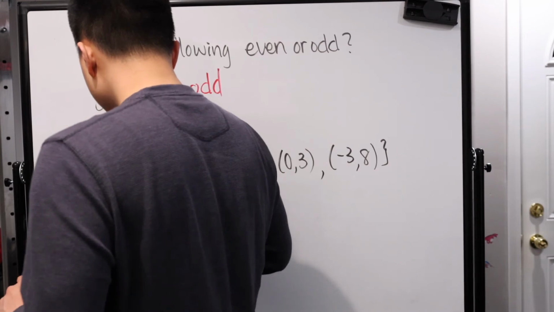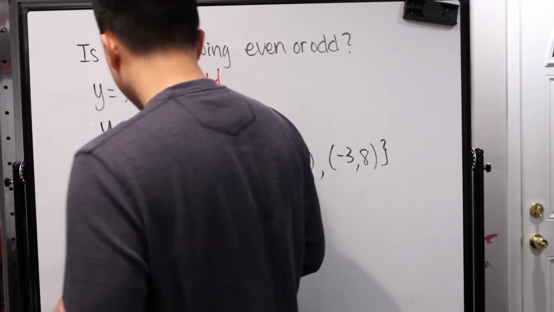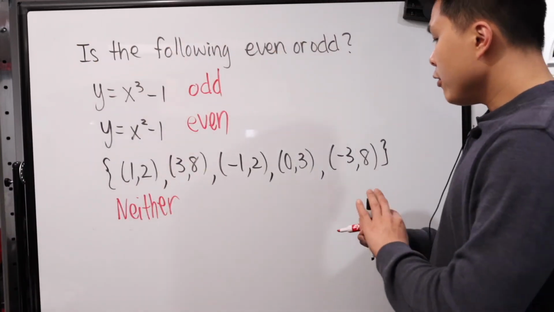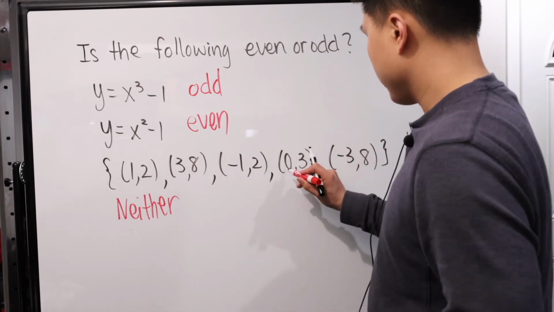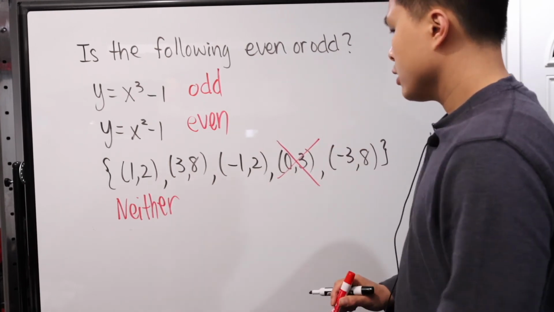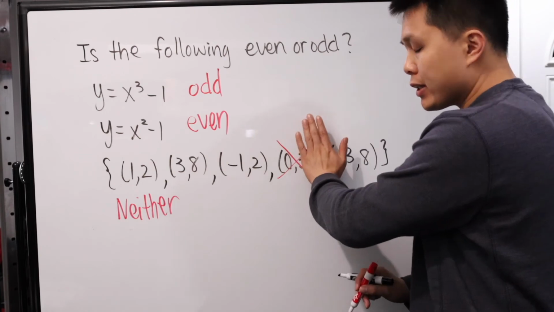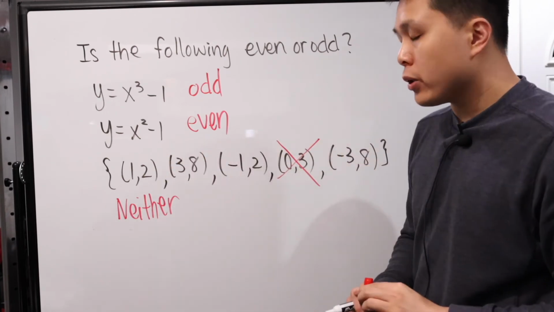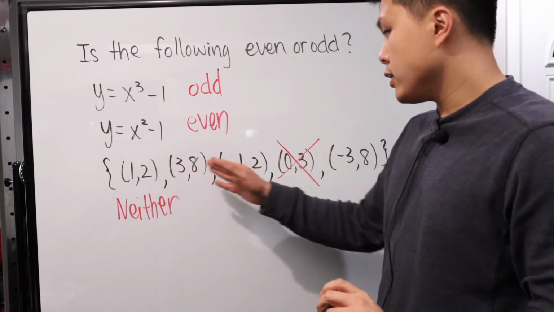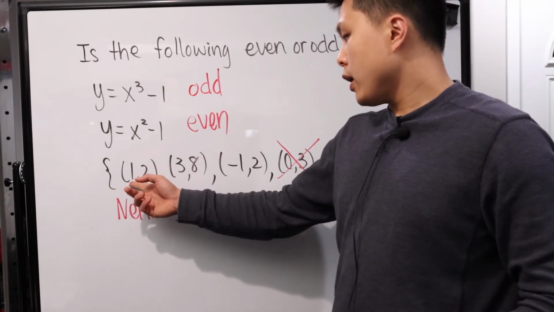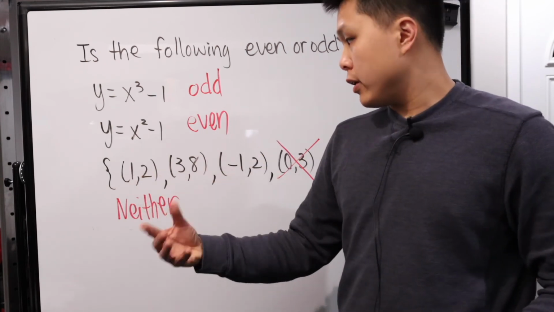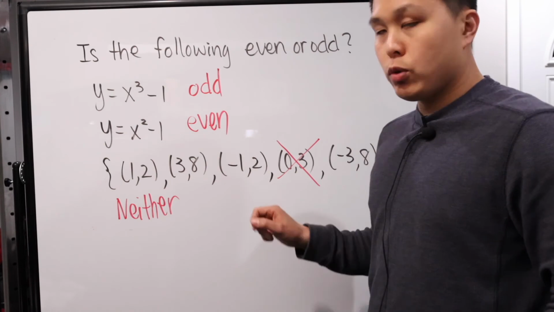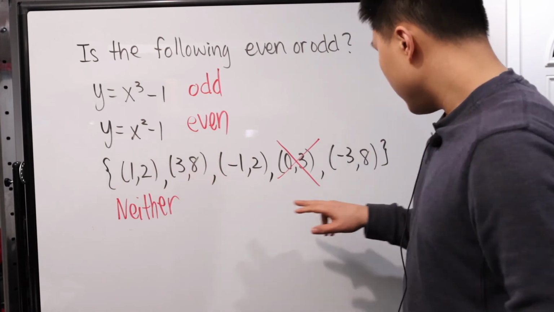Now, that would be the conclusion of this problem, but I actually want to point out something very interesting. If we got rid of this right here, ignoring that, as if it never existed, and we just look at these other points, actually, this ends up being something. We have the positive and a negative version.